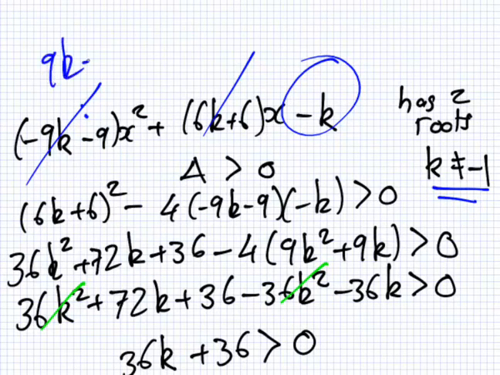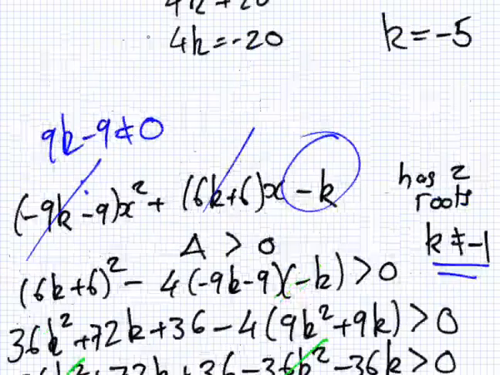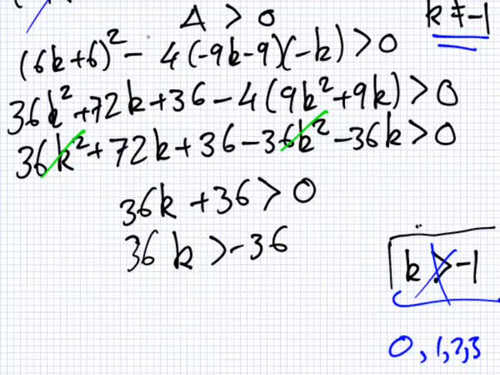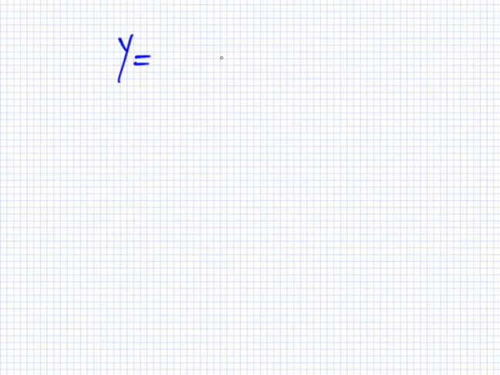And again, it's not an accident. I made the question so that these will cancel to make it easier. 72k minus 36k, 36k plus 36 must be bigger than 0. So then that means 36k must be bigger than minus 36. Yeah, so k must be bigger than minus 1.